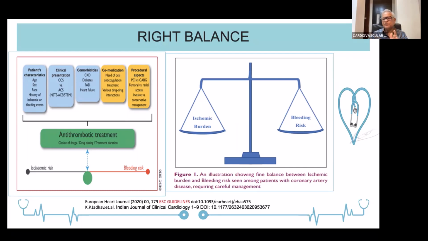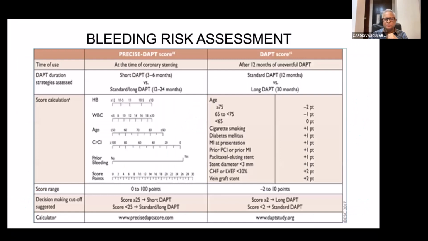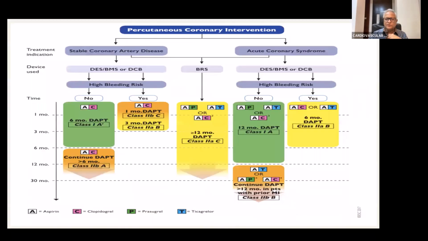All these aspects we need to take into consideration and create a perfect balance between ischemic and bleeding risk using the PRECISE-DAPT score or DAPT score. And we are all using it.